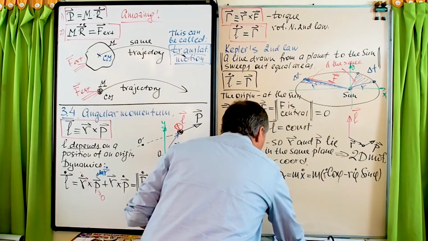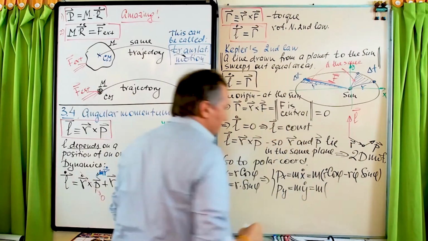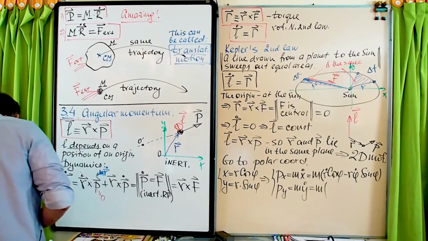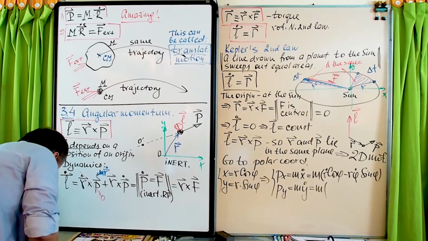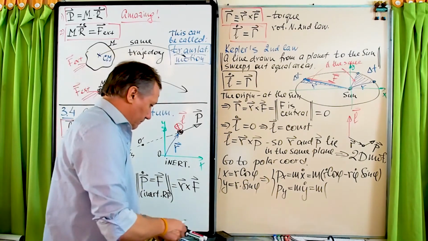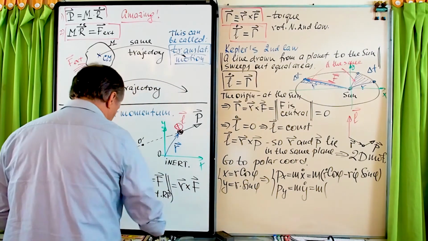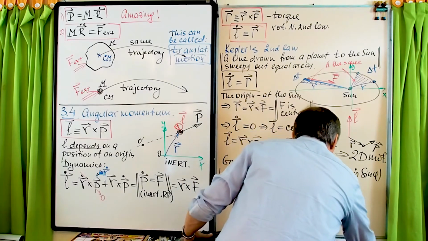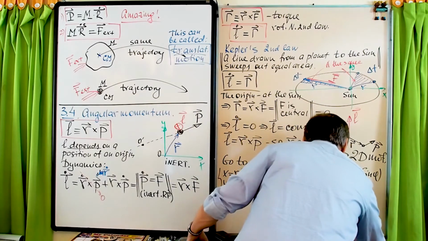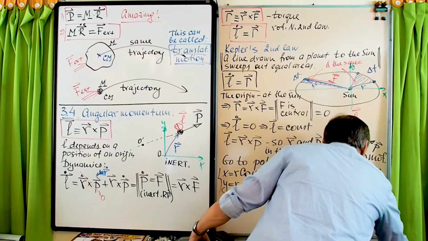And then of course it will be similar for p y, m y dot, it will be m r dot sine phi plus r phi dot cosine phi.